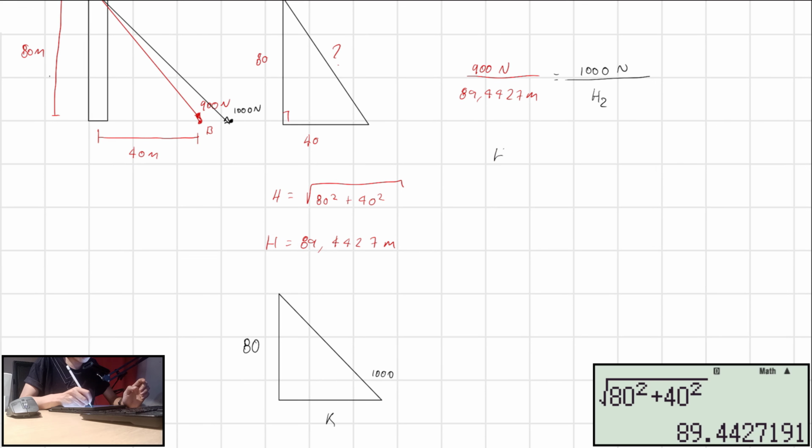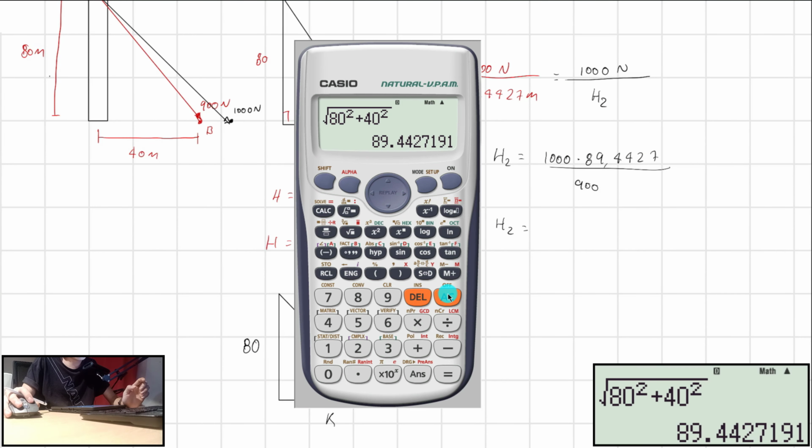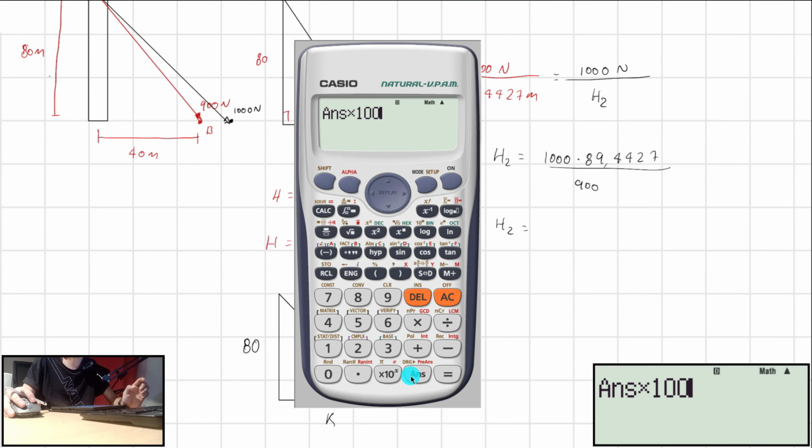Now H2, if you solve this equation, is equal to 1000 times 89.4427 divided by 900.